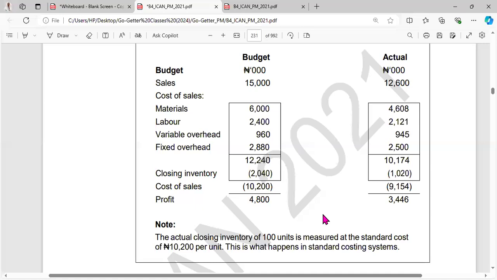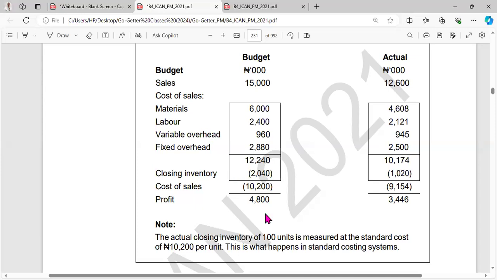The closing inventory, always, always use the standard costing system to get your closing stock. Otherwise, when you are doing your reconciliation, it will not balance. So every other thing can be actual cost, closing stock must be standard.